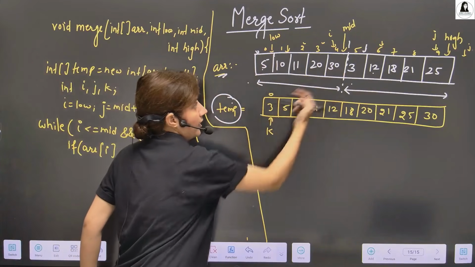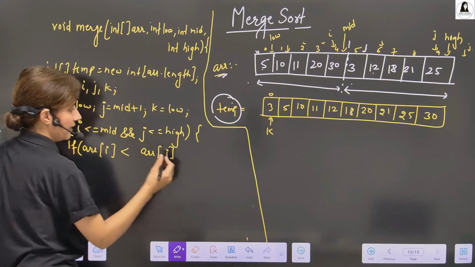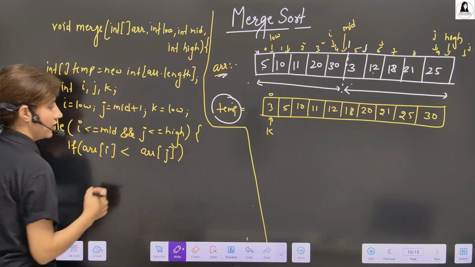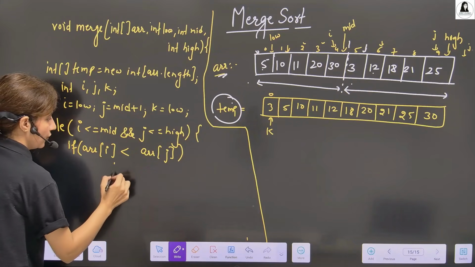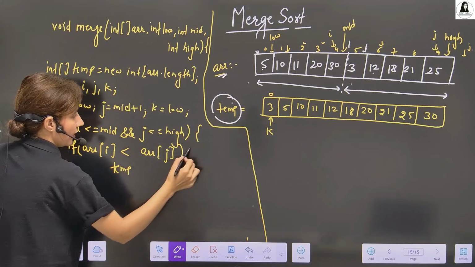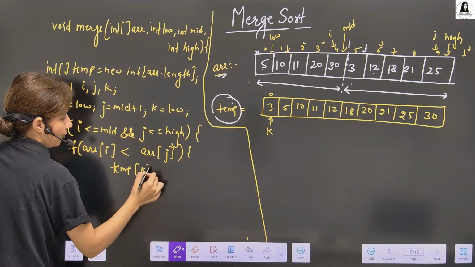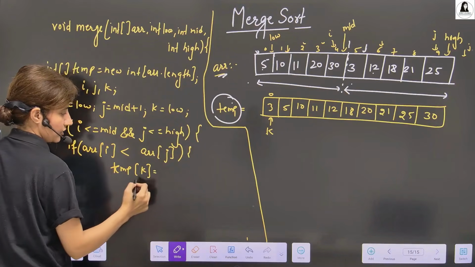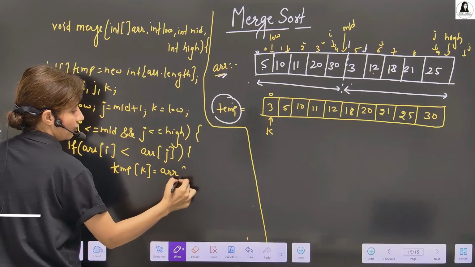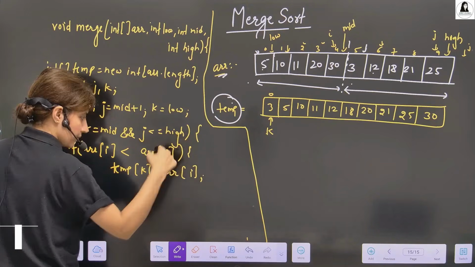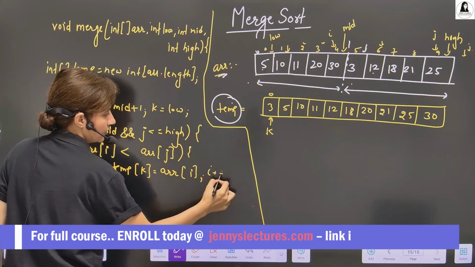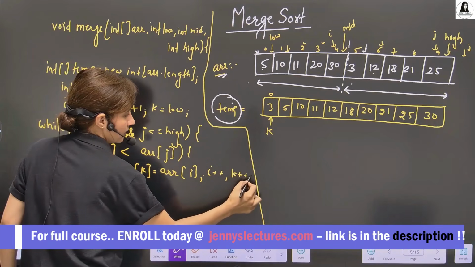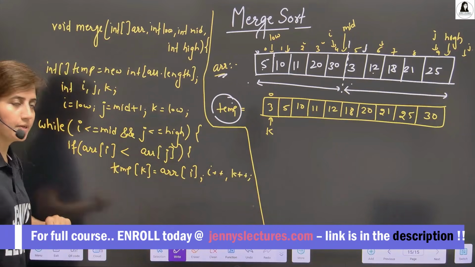We compare 5 and 3. If ith index element is less than jth element, then what we do? Then we just write in temp at k index whatever the array of I. Then we increment I plus plus, and then we increment k also. I plus plus and k plus plus.